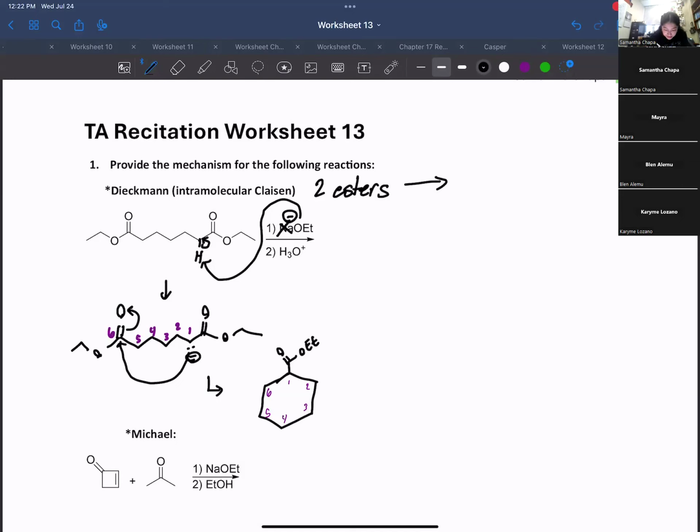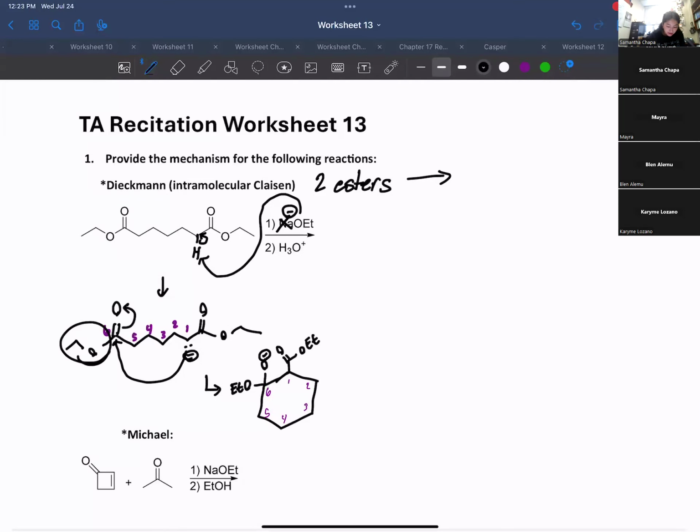And on carbon number 6, we resonated the electrons onto the oxygen upwards. And we also have the oxygen with an ethyl group on it, directly connected to carbon number 6, just as it is right here.